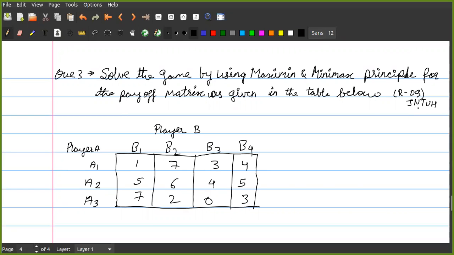Kanna, can you solve the problem? Okay, Gautam.